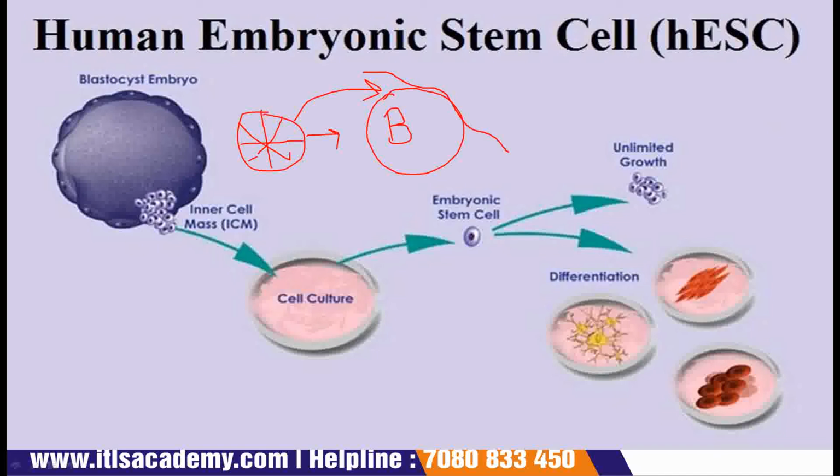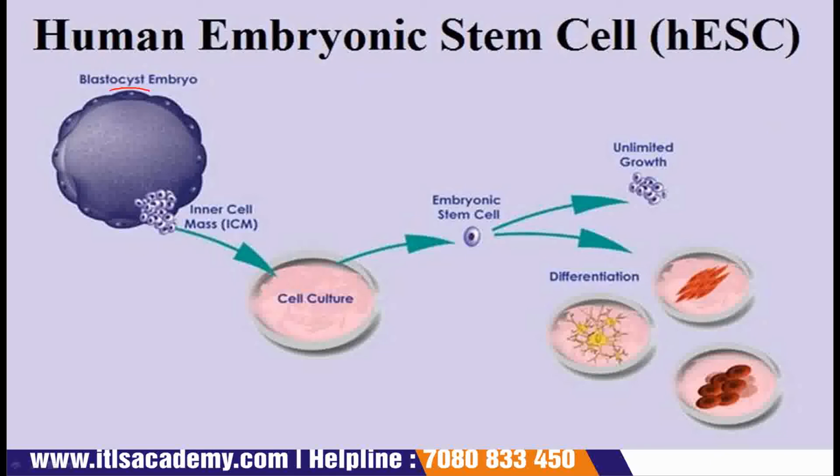Just before the implantation, that is attachment to the uterine wall, is known as blastocyst. This is the stage from the point the zygote attaches to a uterine membrane and further starts development. So when this blastocyst develops after the attachment, this forms the blastocyst embryo.